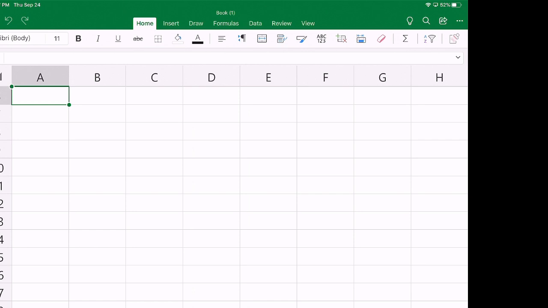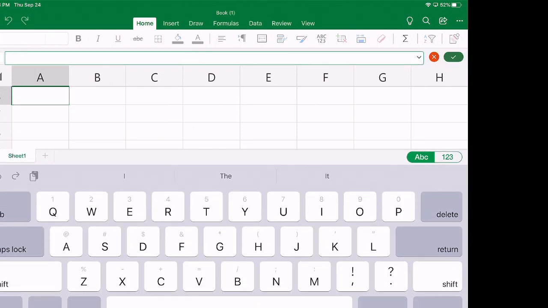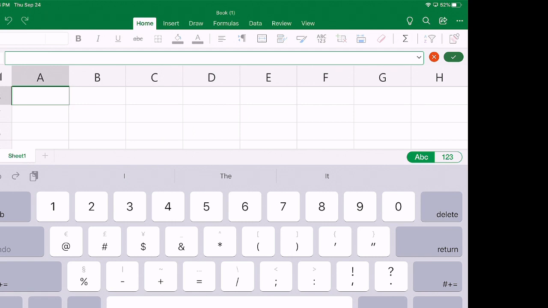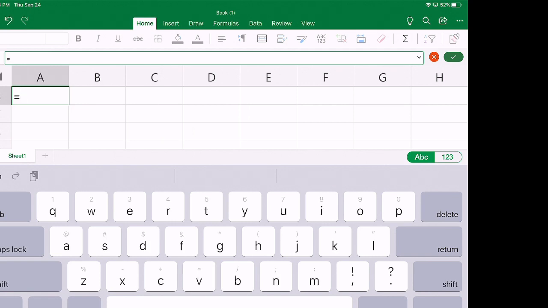Can you see that? It's not working. I want to use a function.